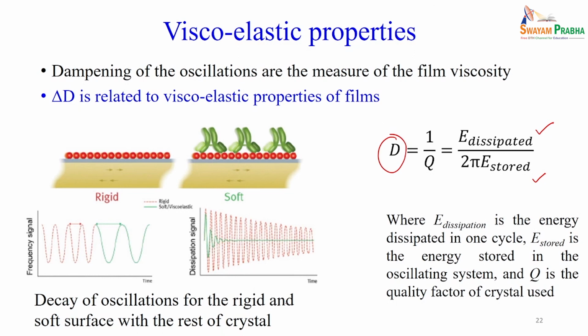So, the decay of oscillation of the rigid and soft surface decides the value of the dissipation factor. We can say this is a rigid layer and this is a soft layer, so the decay of oscillations will be different. If you directly measure the dampening effect, or the D value, then we can also understand the viscoelastic properties of the adsorbed layer, whether it is a soft layer or a rigid layer.